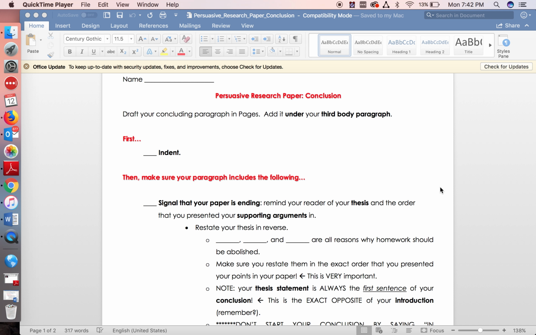And I'm going to be honest with you. Conclusions, at least in my opinion, are the most difficult piece of the paper to write. And as a writer myself, the conclusion is always something that I've personally struggled with because, much like everything I'm teaching you, there isn't exactly one right or wrong way to do it.